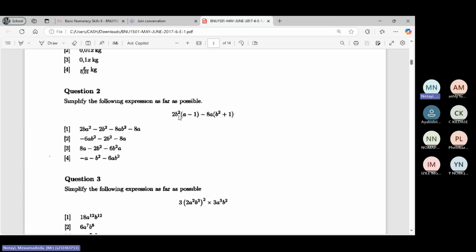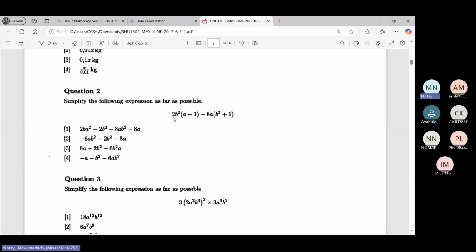So we have positive 2ab squared and negative 8ab squared. 2ab squared minus 8ab squared gives me negative 6.